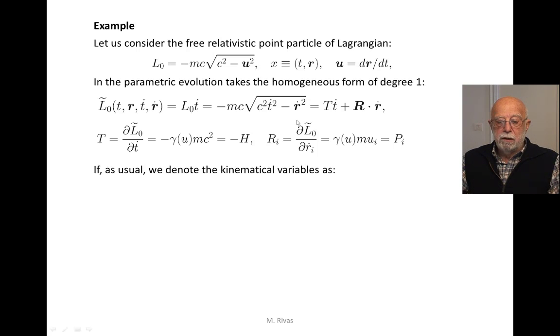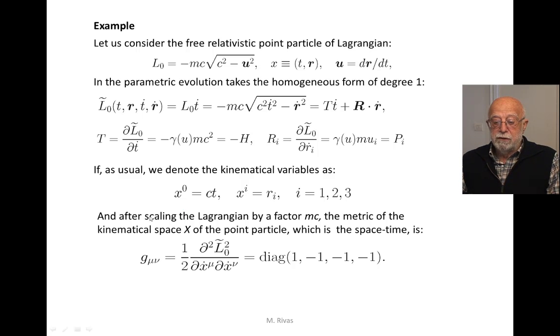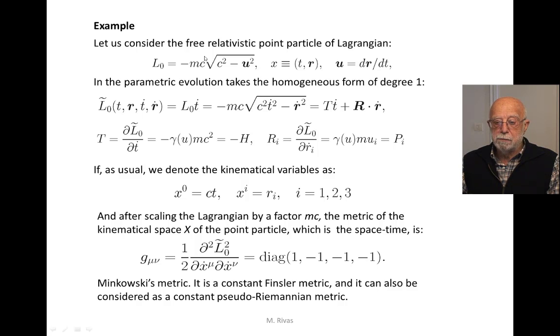Now, if as usual, we denote the kinematical variables with x0 for the time, and xi the coordinates of the point, then after scaling the Lagrangian by mc to obtain that the whole Lagrangian has dimensions of length, then taking this second order partial derivative of the L0 square, we get that the metric of the spacetime, or the kinematical space of the relativistic point particle, is the Minkowski metric.